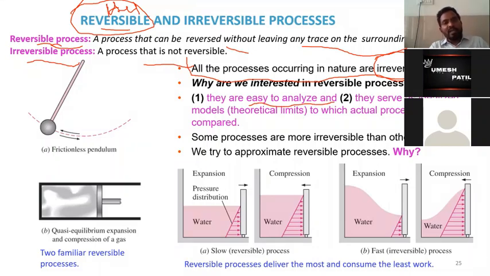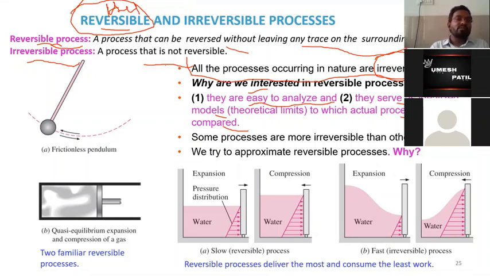So the reasons behind studying these processes are: first, they are easy to analyze, and second, they serve as idealized models to which actual processes can be compared. So those two are the reasons for studying the reversible processes.